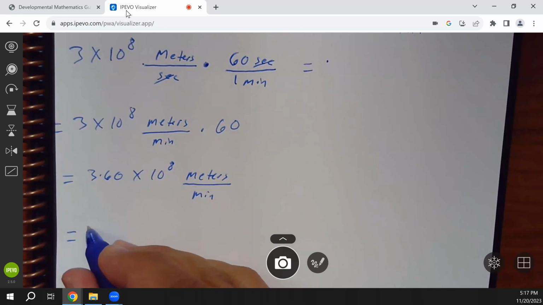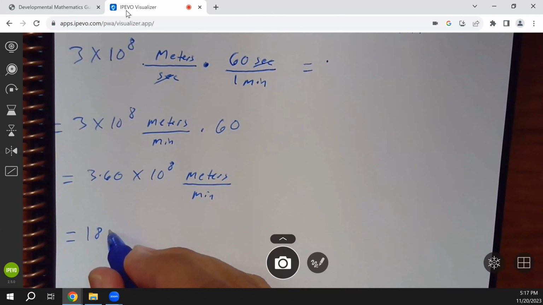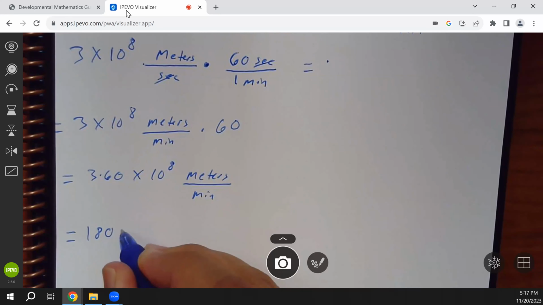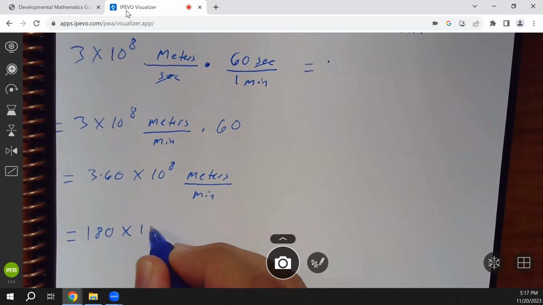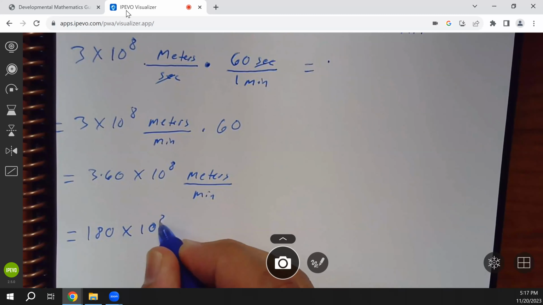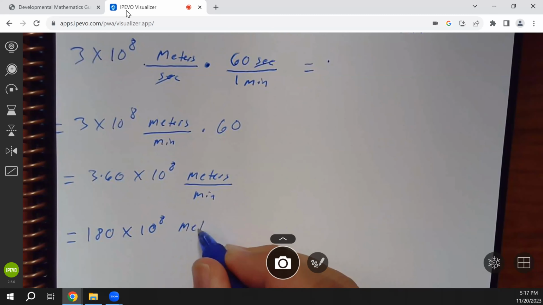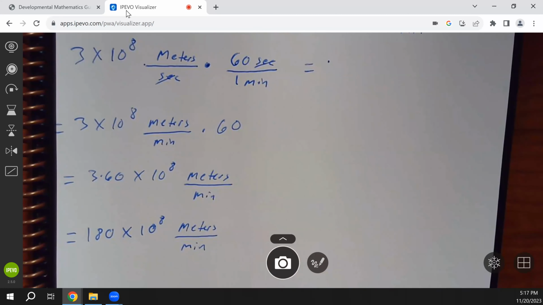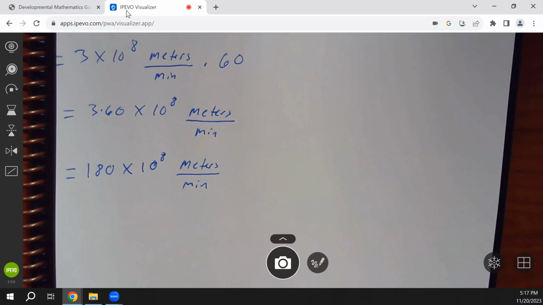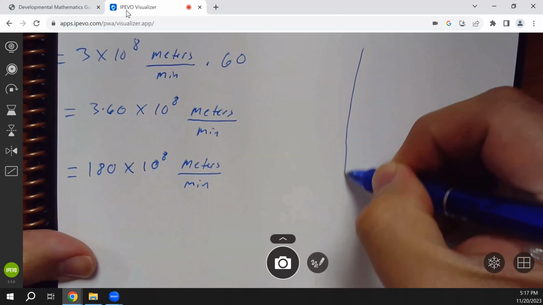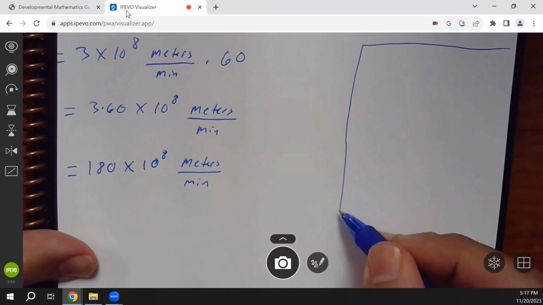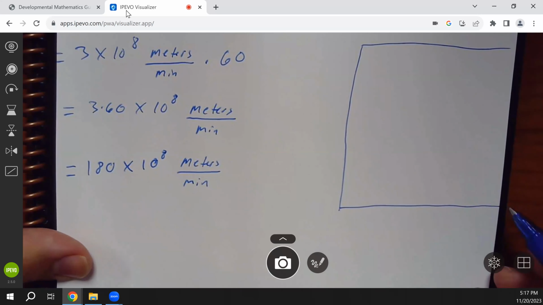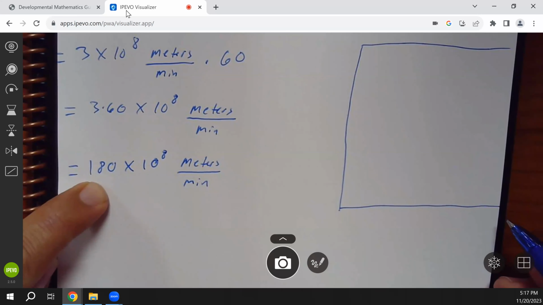The rule for scientific notation says the number in front of the 10 needs to be less than 10. Apparently 180 is too big. The way I want you to think about it: how many 10s are in here?